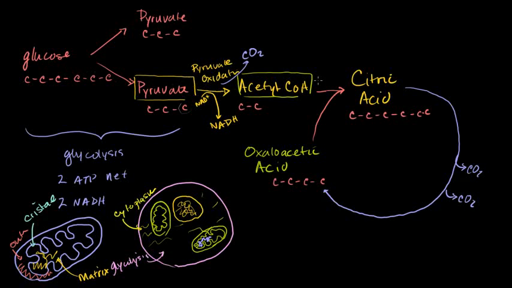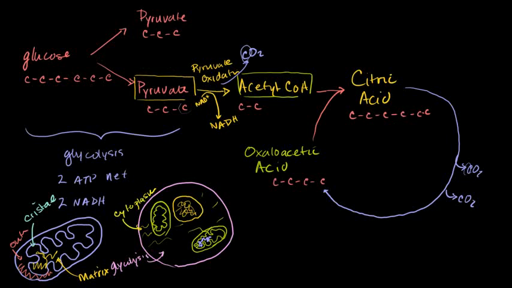When you do this whole process once, you're generating 3 molecules of carbon dioxide, but you're going to do it twice. You're going to have 6 carbon dioxides produced, which accounts for all of the carbons, right? You get rid of 3 carbons for every turn of this. Well, 2 for every turn, but really for the steps after glycolysis, you get rid of 3 carbons, but you're going to do it for each of the pyruvates. So you're going to get rid of all 6 carbons, which you'll have to exhale eventually.